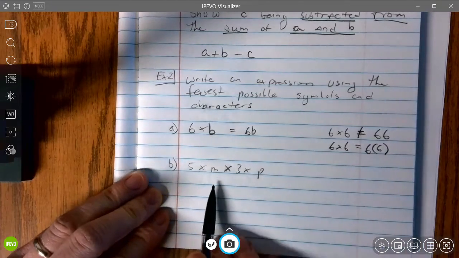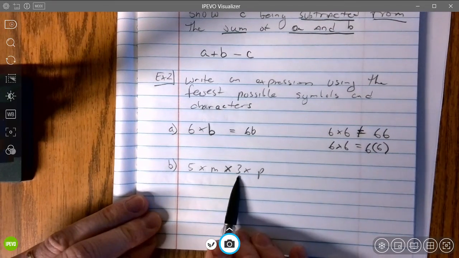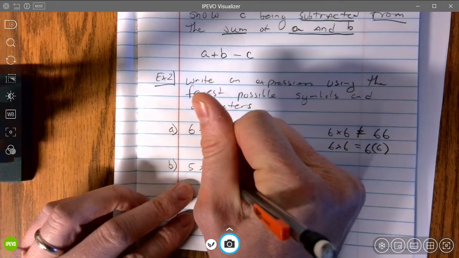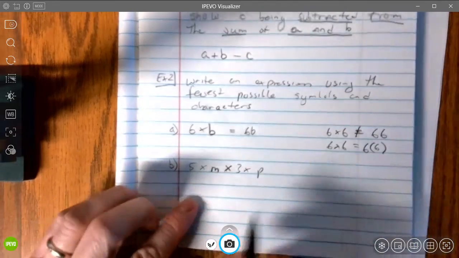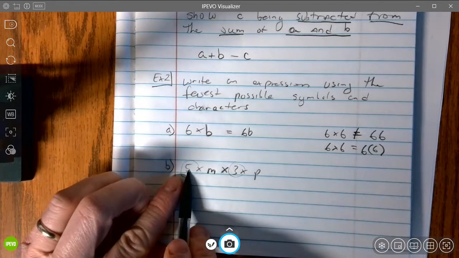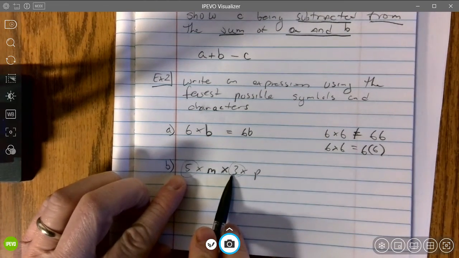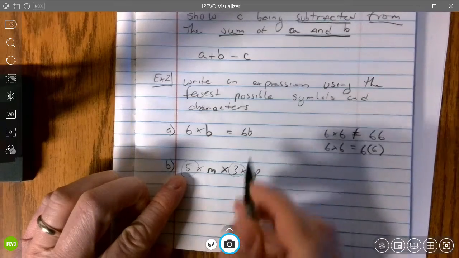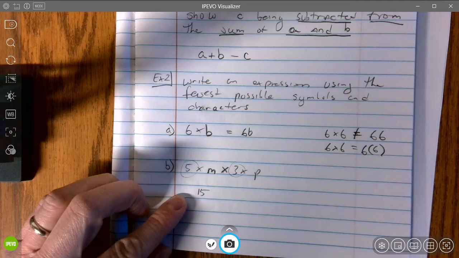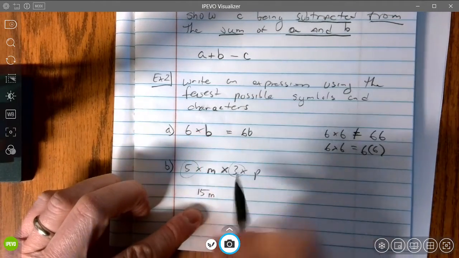If we take a look at B, I have 5 times M times 3 times P. So what I want to do here is recognize that 5 and 3 can be multiplied together. 5 times 3 is 15. 15 times M is 15M.